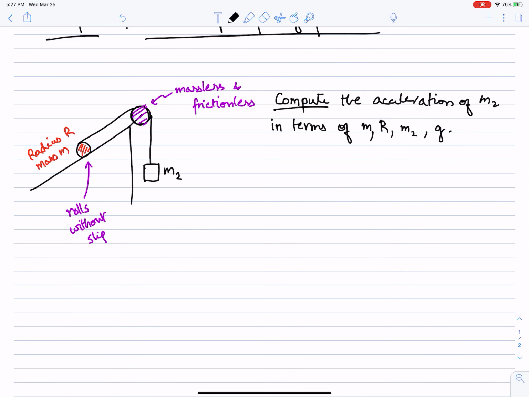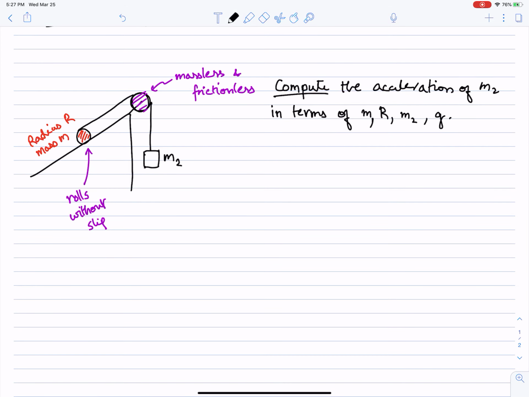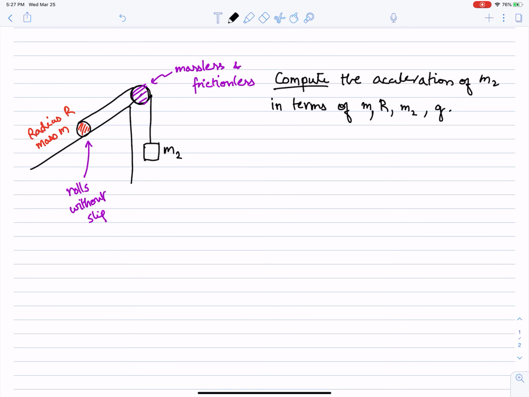So that's what we need to compute. The first step, of course, is draw a free body diagram. This is the solution.